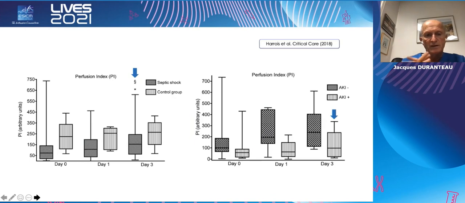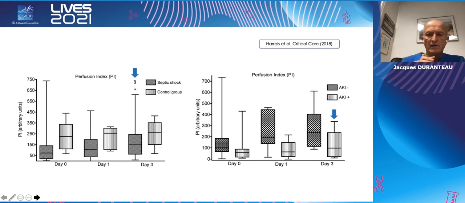So what we observe, despite the high heterogeneity in terms of cortical microcirculation between patients, is that in septic shock, in comparison to the control group, there is clearly an alteration of the cortical microcirculation.